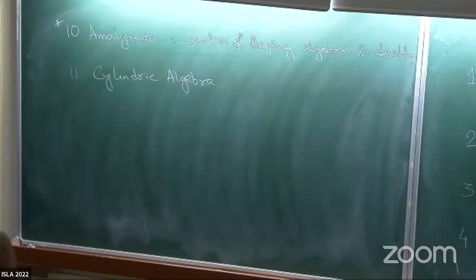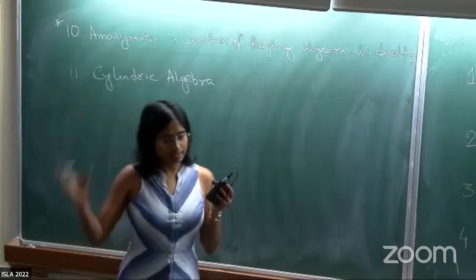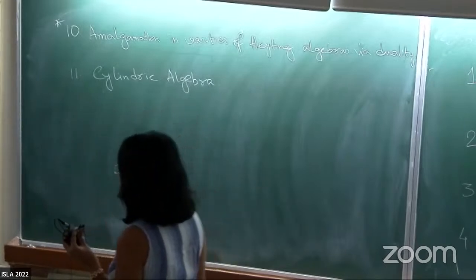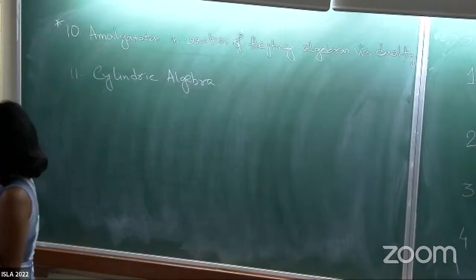So there exists an idea about the algebra corresponding to first order logic, and that is known as cylindric algebra. You can have a look at what kind of algebra it is and how it relates to the idea of first order logic.